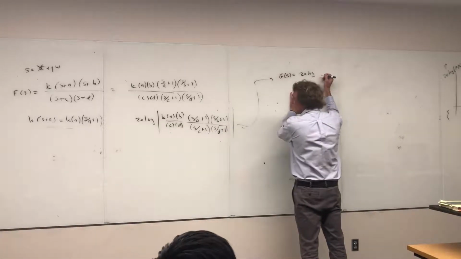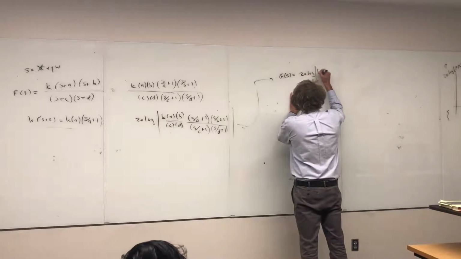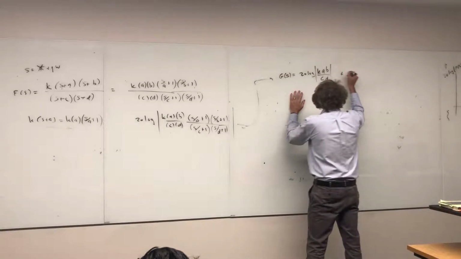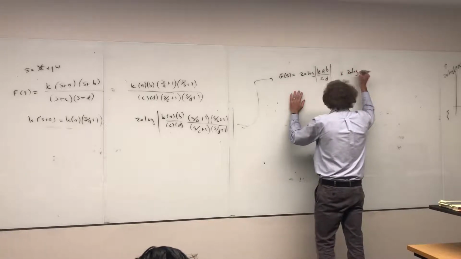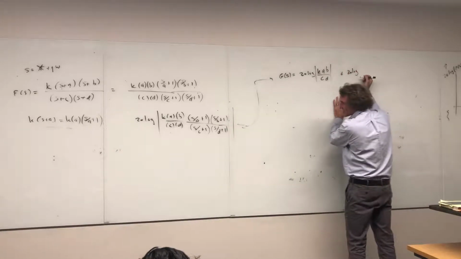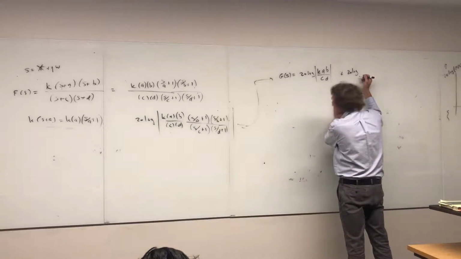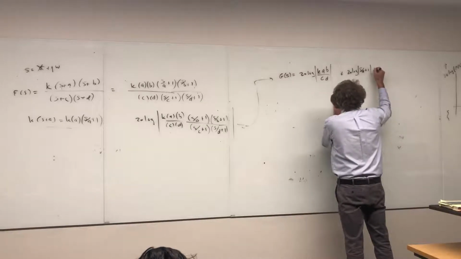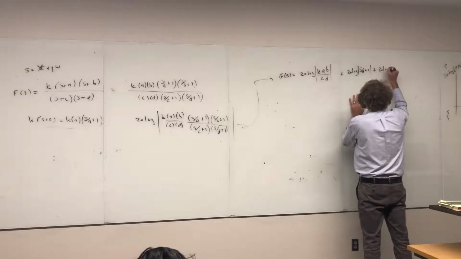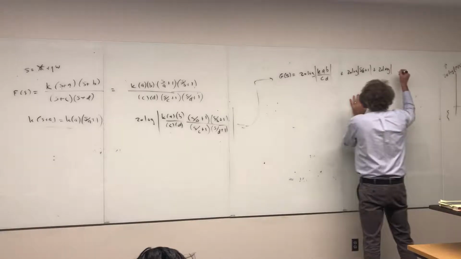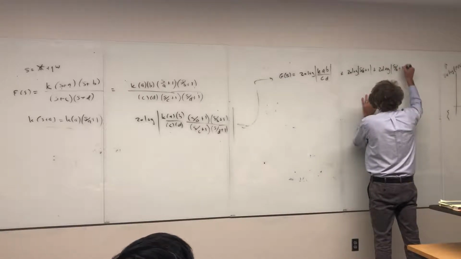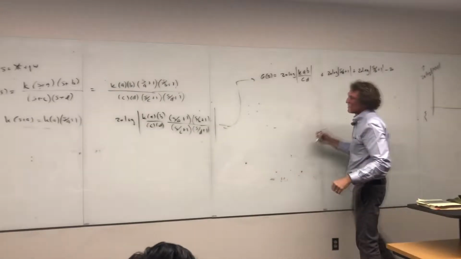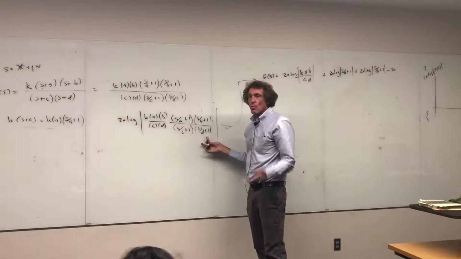It's 20 times the log of K times A times B over C times D, plus 20 times the log of magnitude of S over A plus 1, plus 20 times the log of magnitude of S over B plus 1. And then it's minus 20 because now I have these terms and they're 1 over something.